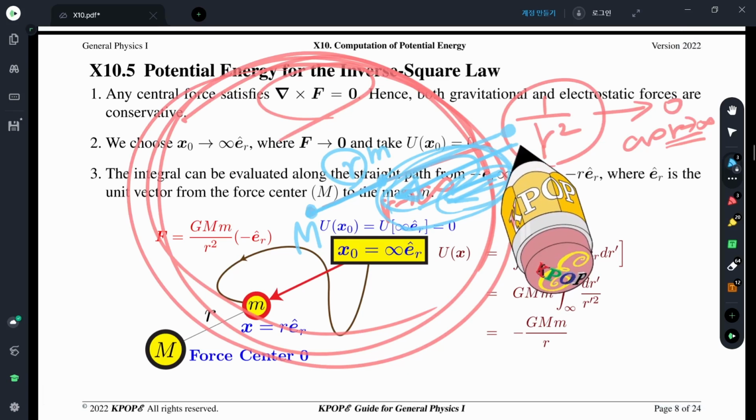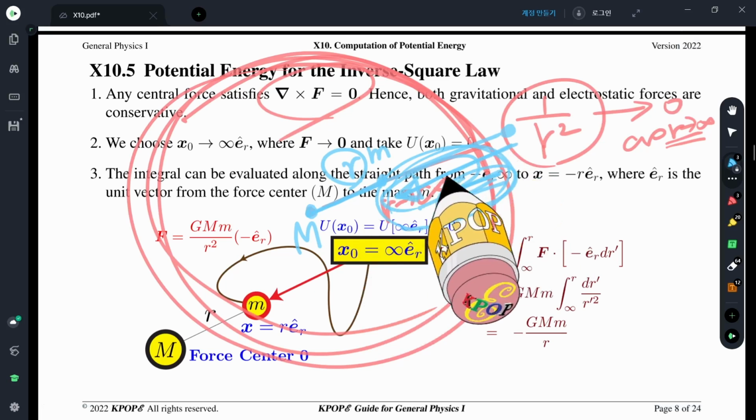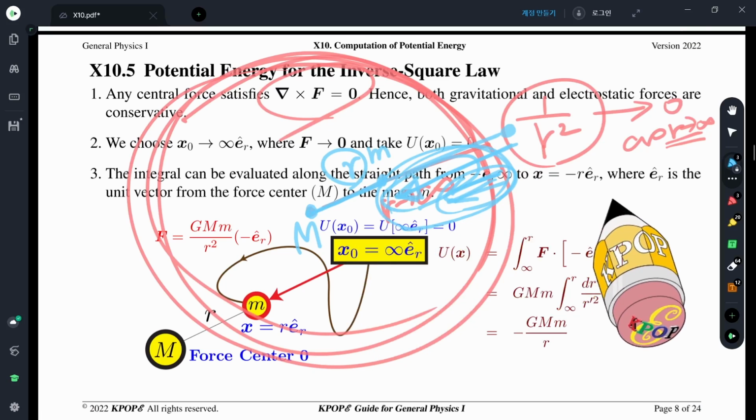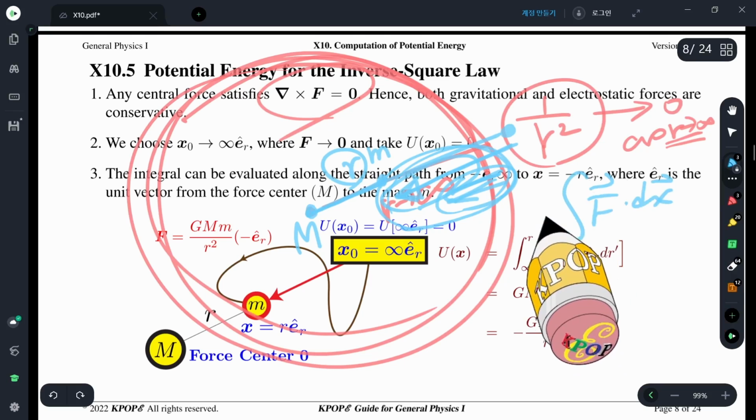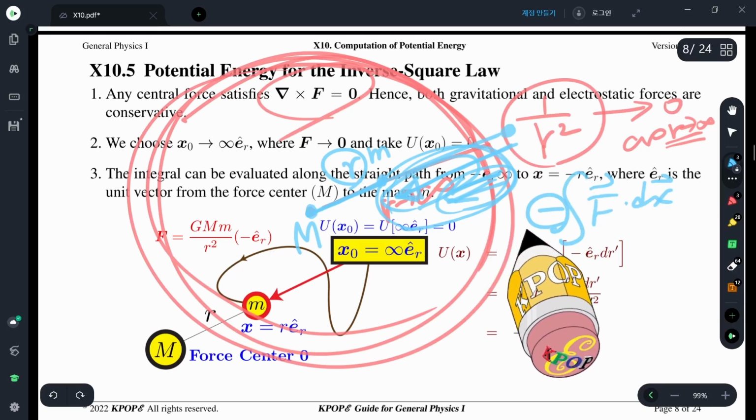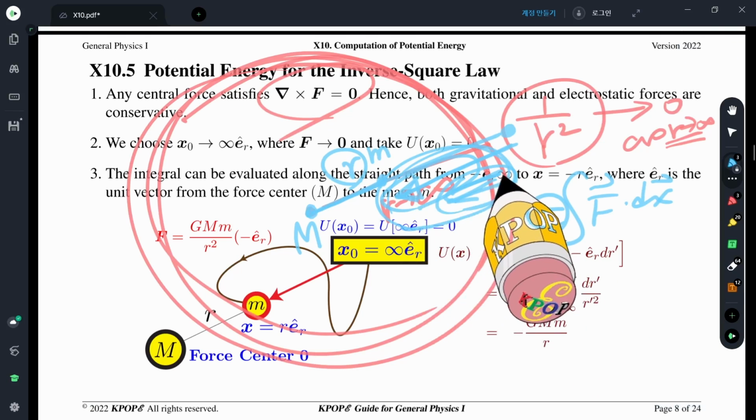The work during the integration is positive, and with a negative sign on it, that is the potential energy. So the potential energy must decrease.